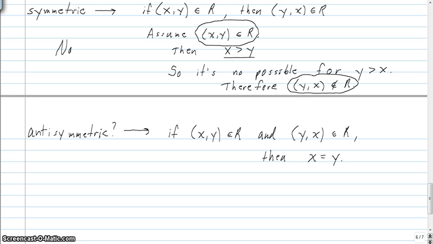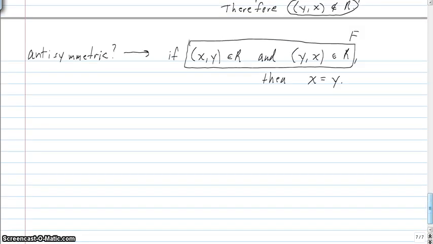That means that the if part in the definition of antisymmetric is false, and in an if-then statement, if the if part is false, then the statement as a whole is true by default. So that definition is true by default, and so yes, this relation is antisymmetric.